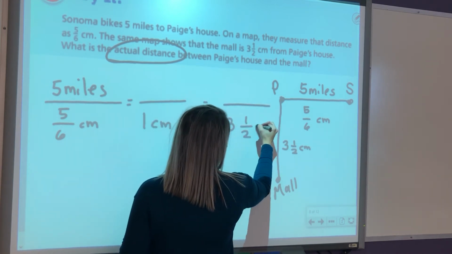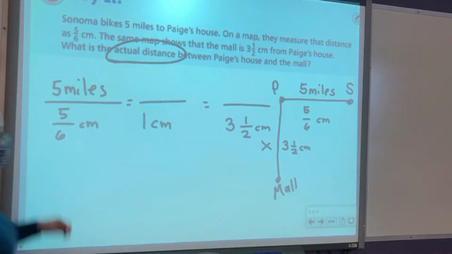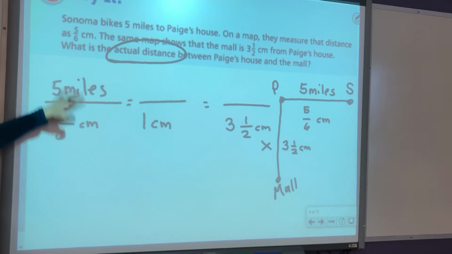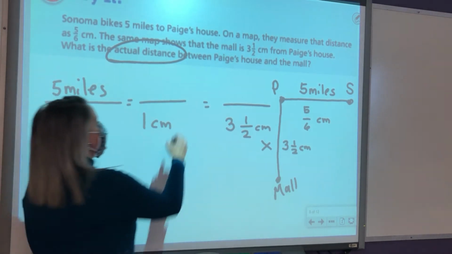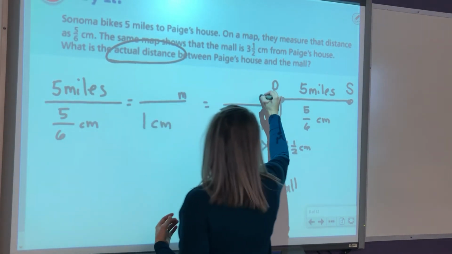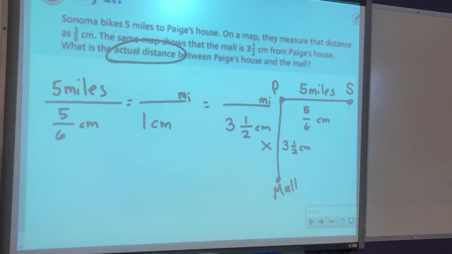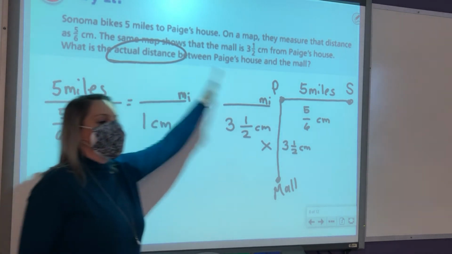Do you see how these distances correspond with each other? Okay, the miles to centimeters, that's my ratio. So every time, I'm going to go miles to centimeters and miles to centimeters. And by doing that, I can get to my information for 1 centimeter, and then I can move forward to 3.5 centimeters.